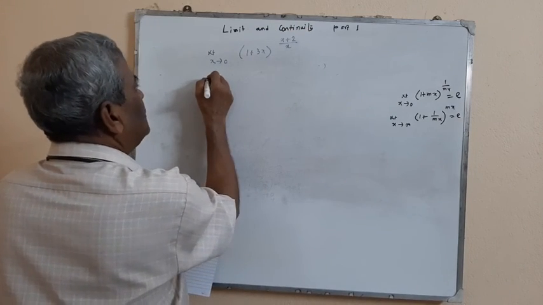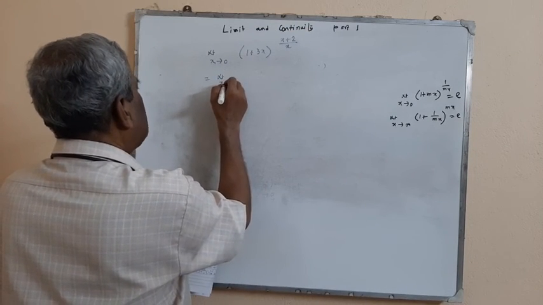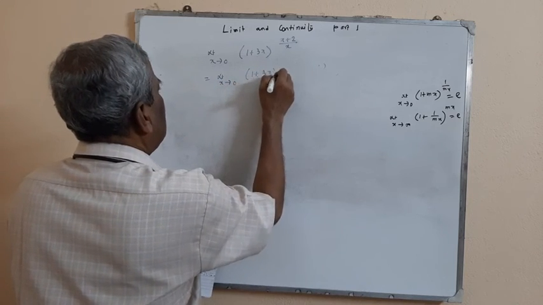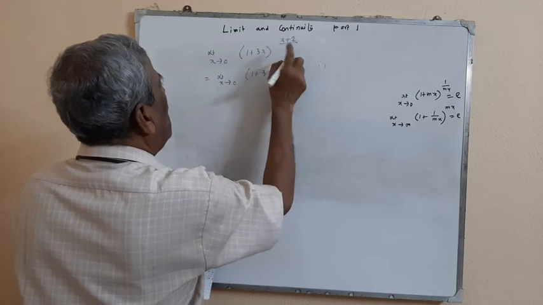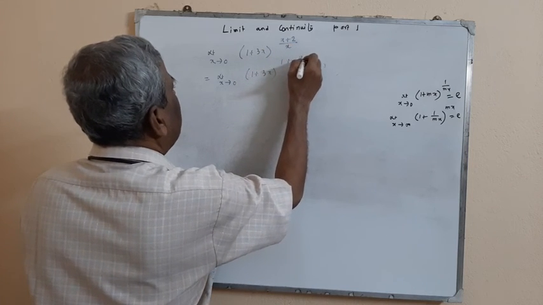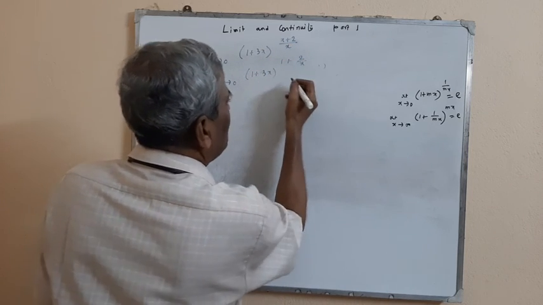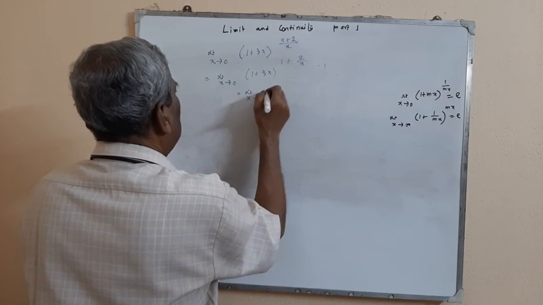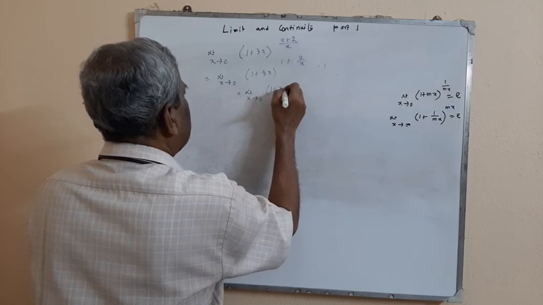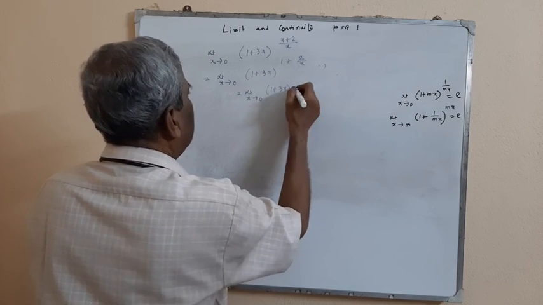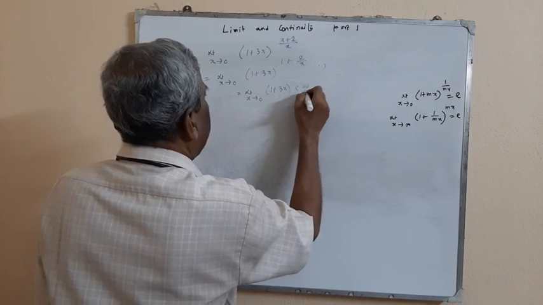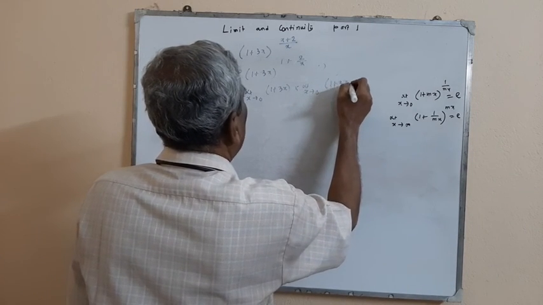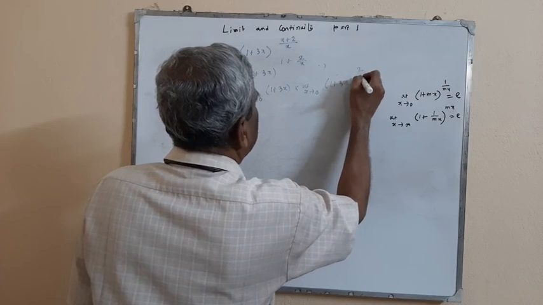This can be written as limit x tends to 0, 1 plus 3x whole to the power 1 plus 2 by x, is equal to limit x tends to 0, 1 plus 3x whole to the power 1 into limit x tends to 0, 1 plus 3x whole to the power 2 by x.